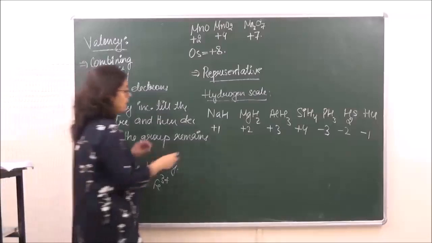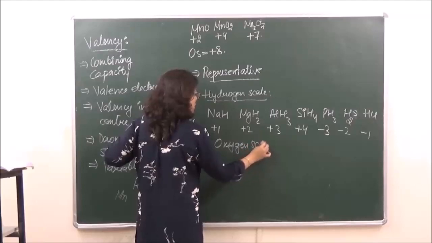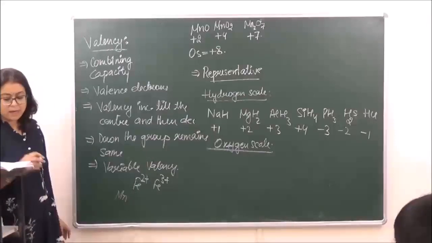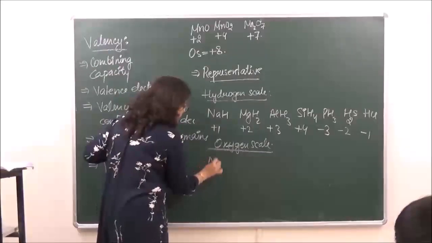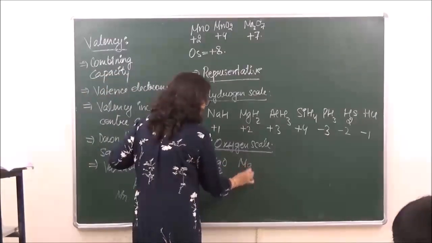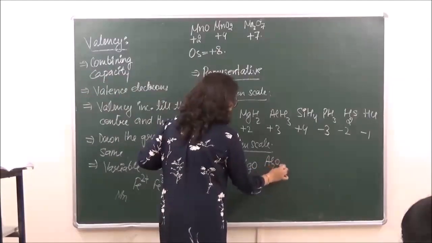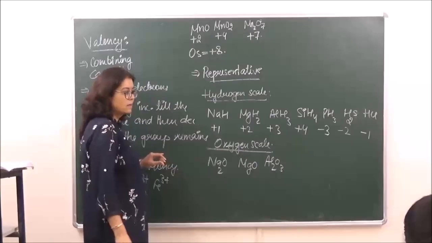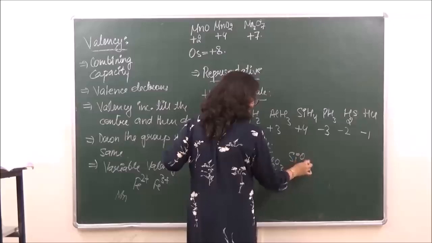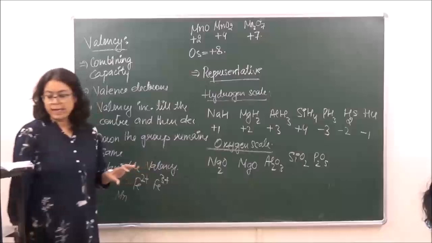The second scale which we have is the oxygen scale. अब oxygen scale में बनाएगा, same period we are discussing: Na2O, MgO, Al2O3, ठीक है? फिर उसके बाद SiO2, P2O5, राइट?